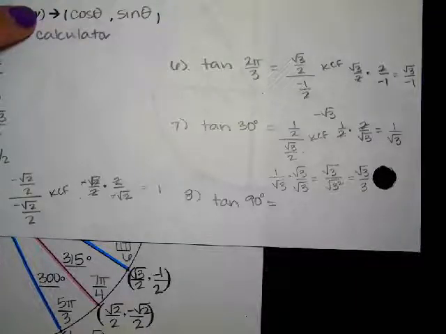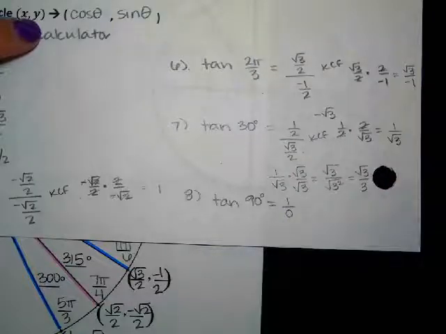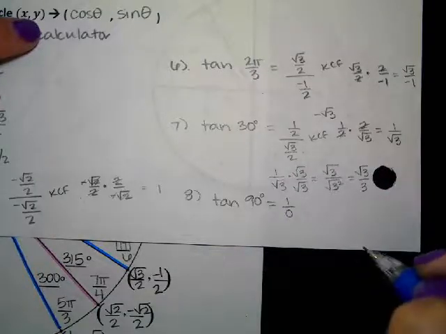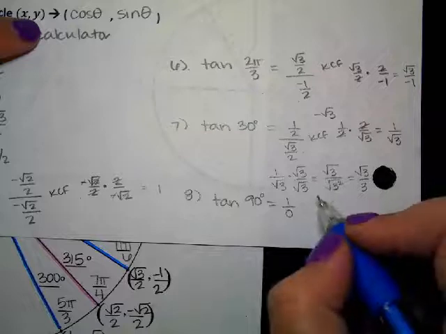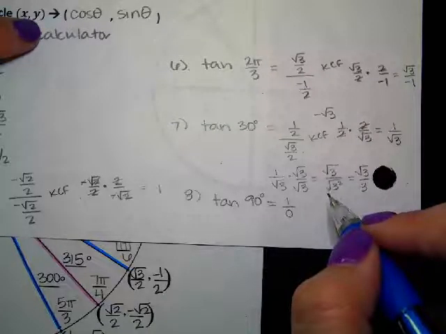Can 1 be divided by 0? No, so what answer is that? What do we say? Say it again. No solution, or we say undefined.